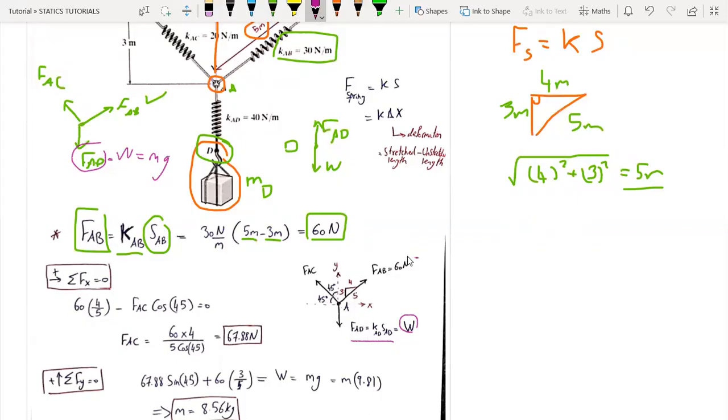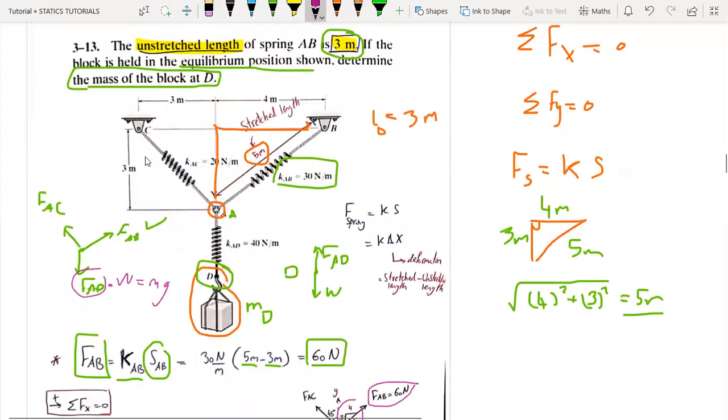So here we have already found the spring force on cable AB to be 60 newtons. And here the triangle I've drawn it. The dimensions are given, 3 meters, 4 meters, and I have found the 5 meters.